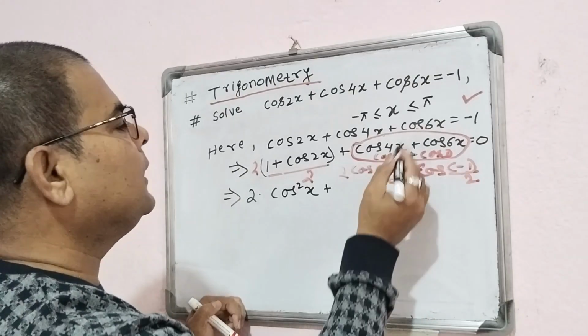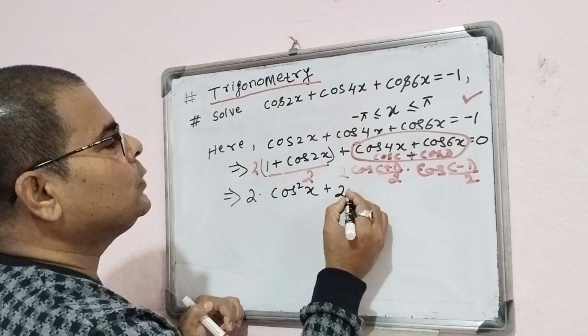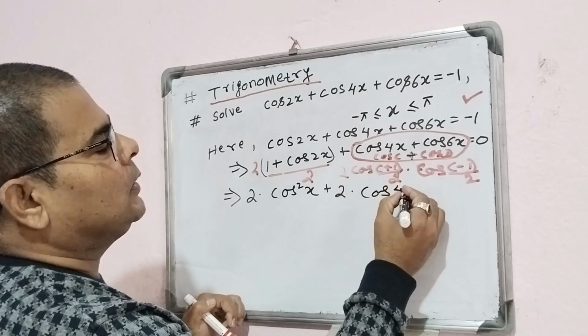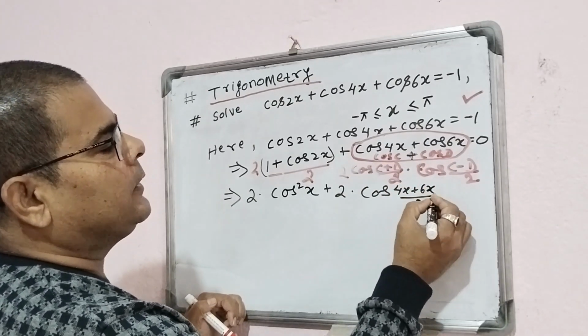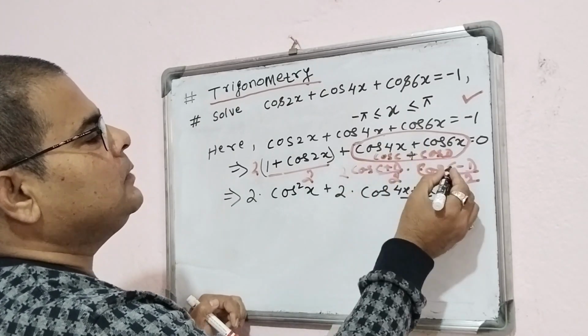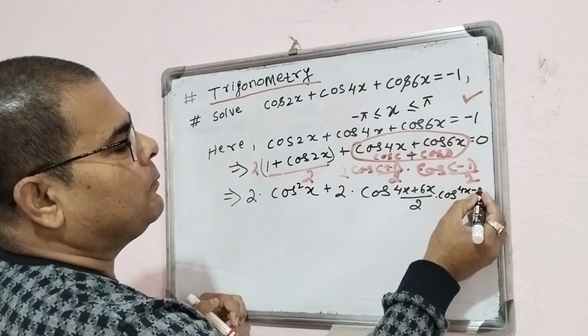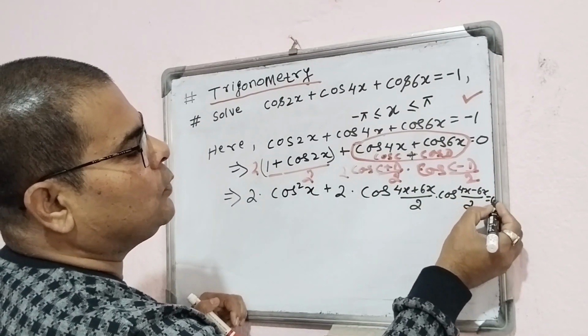We apply this formula to these two terms, then you will have 2 times cos of (c plus d), that means 4x plus 6x by 2, and then cos of (c minus d), that means 4x minus 6x by 2, and finally it is equal to 0.